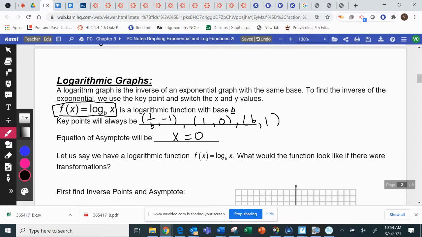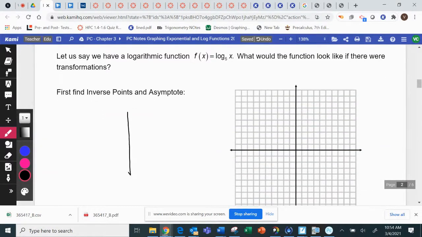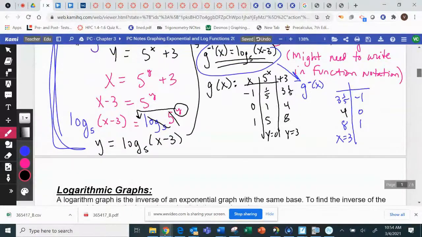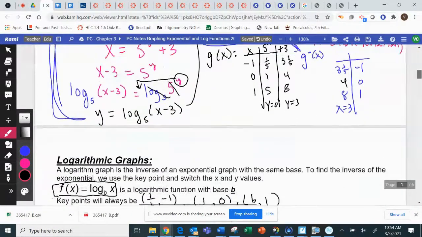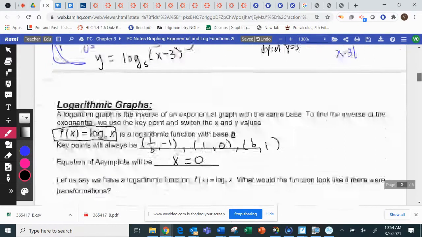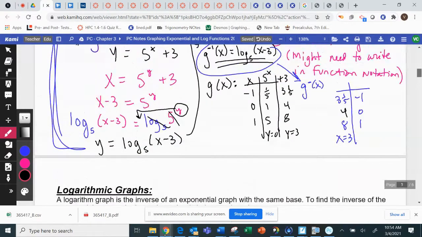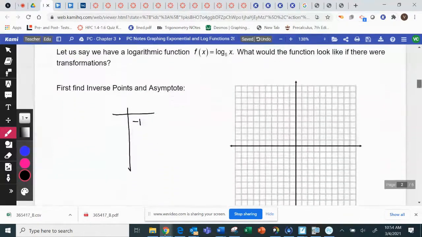So here's that f of x equals log base 5 of x. I had just written that one above. I don't want to mess it up this time. So 1/5, 1, 5.